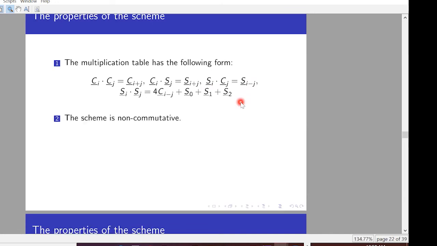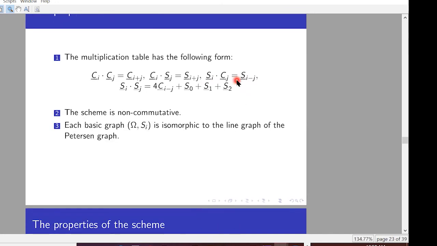And this is the first property. Each basic graph of Si is isomorphic to the line graph of the Petersen graph. And as far as I know, Sven in the next talk has nice pictures of that graph.